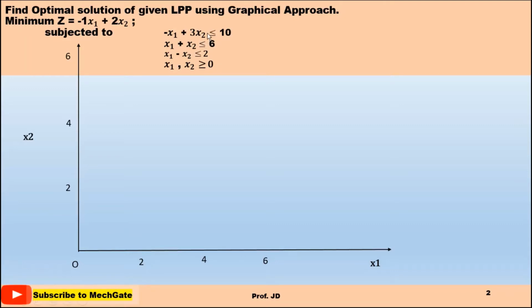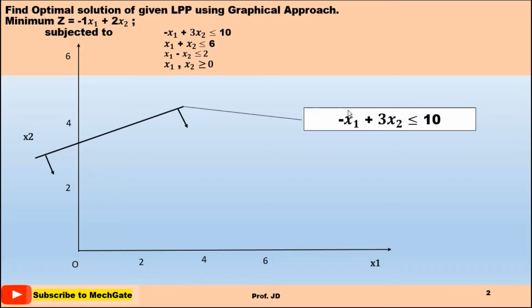To find the point on the x2 axis, put x1 equal to 0, so you will get x2 equal to 10 by 3, which is approximately 3.33, lying somewhere over here. Mark that point over here. One point is over here, another point is x1 equal to minus 10. Connect these 2 points, so you will get your first constraint, that is minus x1 plus 3x2 less than or equal to 10.